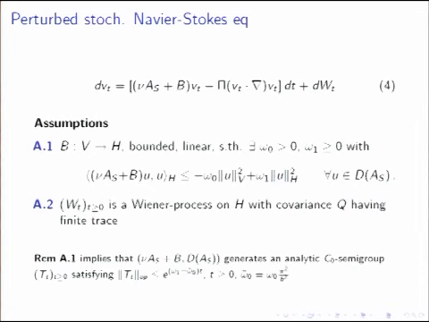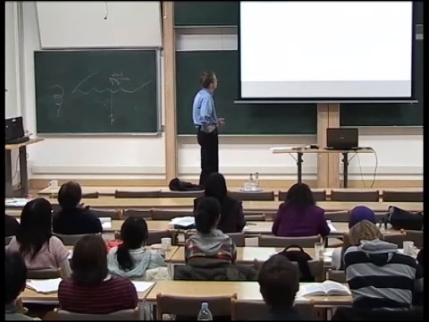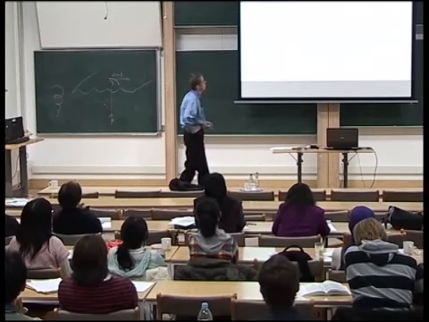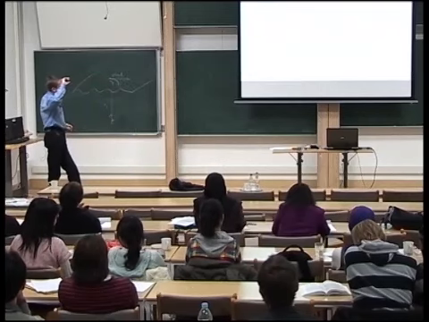It should be linear. Actually, this is not needed, but I would like to stick to it because there is no need to consider more general perturbations in this context. And it should satisfy this coercivity condition. And the most important thing is that omega 0, the first coefficient, is strictly positive.